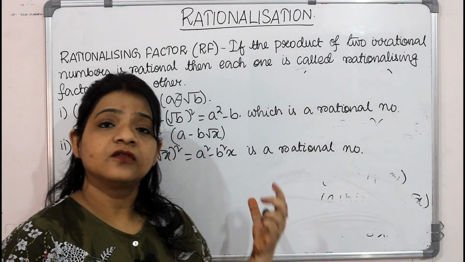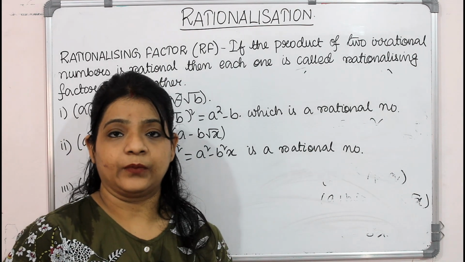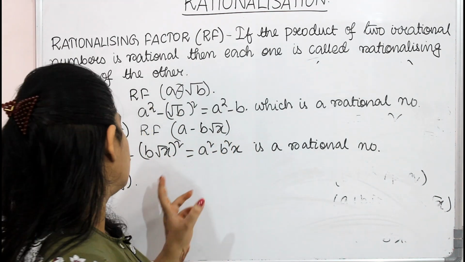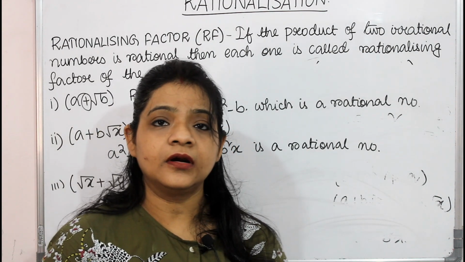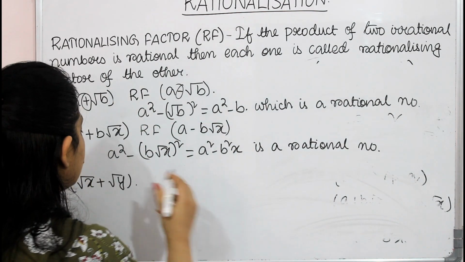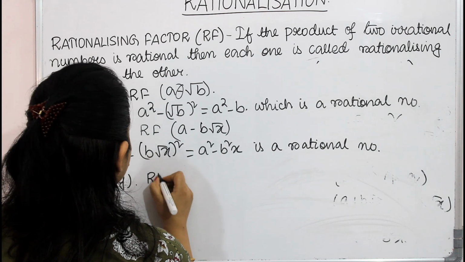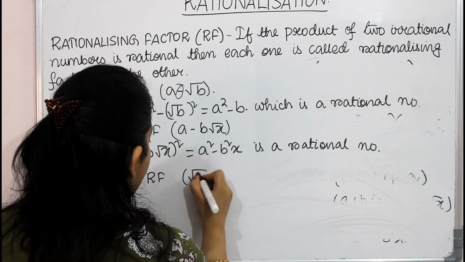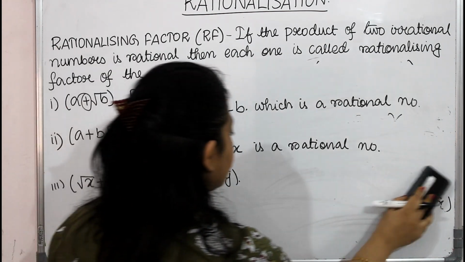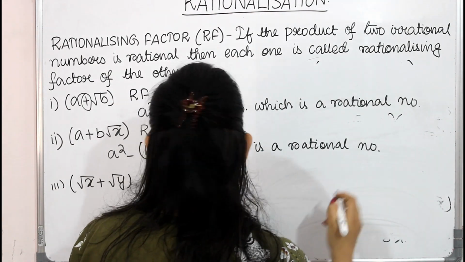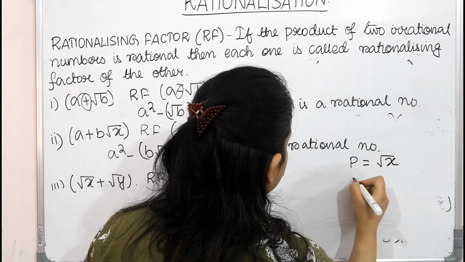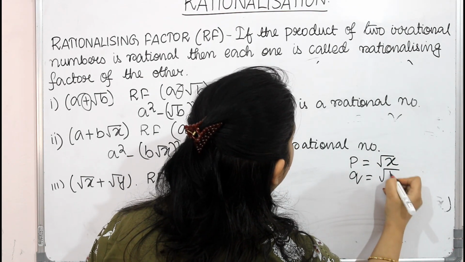Okay, so let's look into the third example. The third example is root over x plus root over y. For that we can easily write the rationalizing factor as root over x minus root over y. Now let us check whether it is valid or not. So p equal to root over x, q equal to root over y.